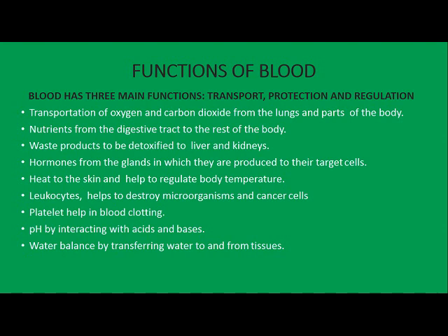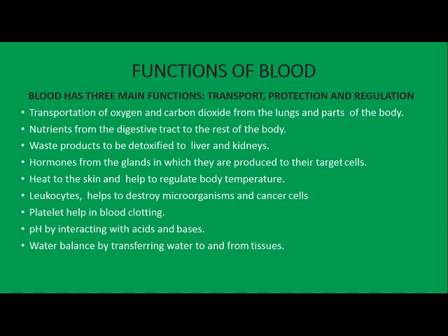The different wastes that are produced in our body have to be detoxified in the liver and kidney, so blood helps in bringing those waste products to the liver and kidney. The glands that produce hormones are called ductless glands, so blood helps in the transportation of hormones from the glands to the target organs.